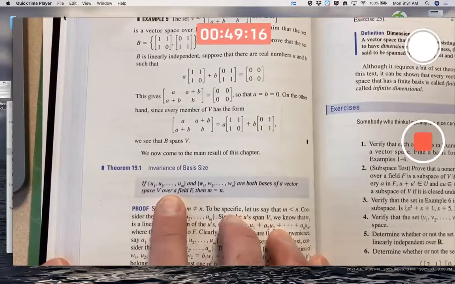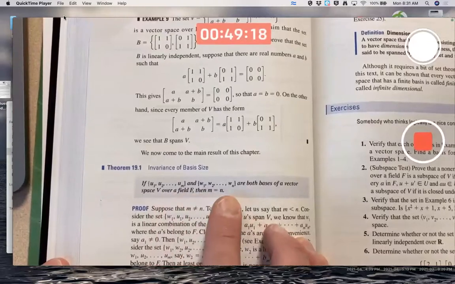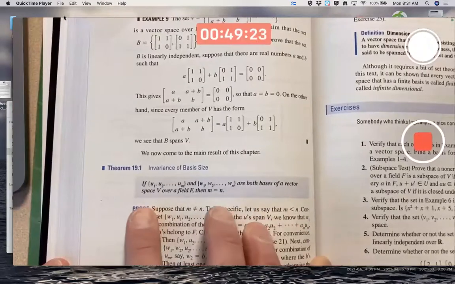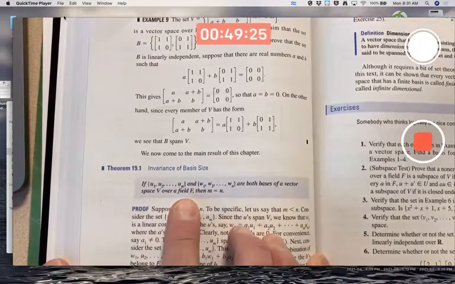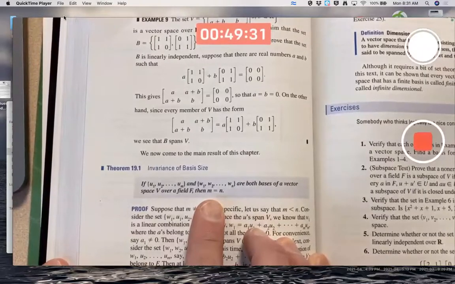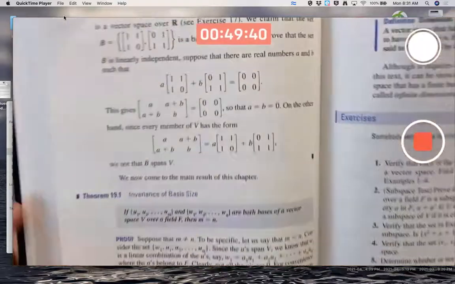If U1 through UM and W1 through WN are both bases of a vector space V over a field F, then M must equal N. If a vector space has a finite basis, then any other basis must be finite and have the same number of elements, in fact. And that allows us to define the dimension.